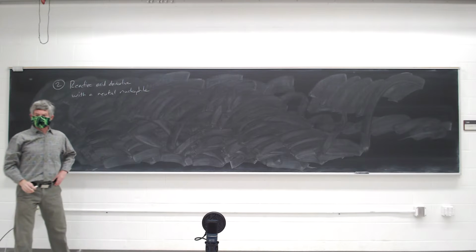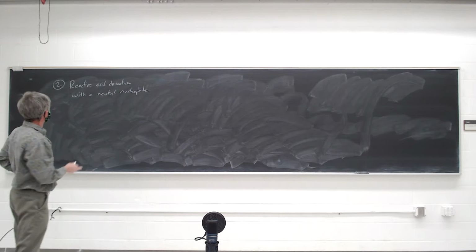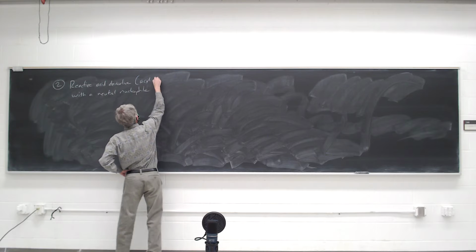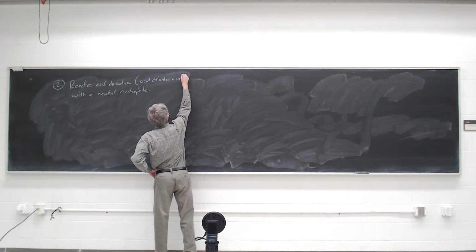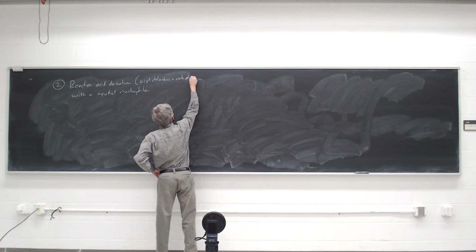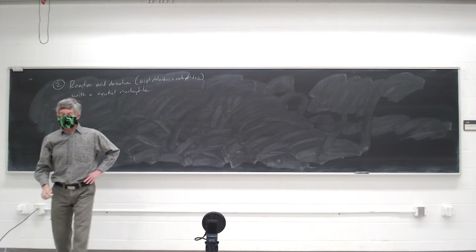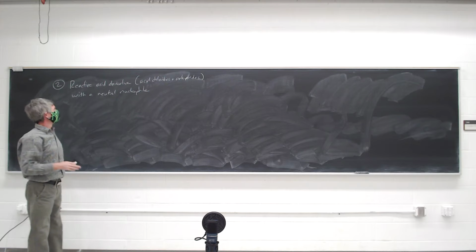Another one that you're going to see a lot of examples of is a reactive acid derivative, by which I mean acyl chlorides and anhydrides. Those are the two most reactive acid derivatives with neutral nucleophiles.